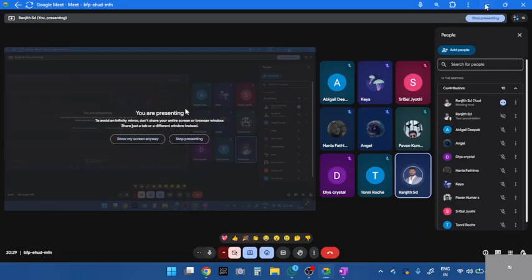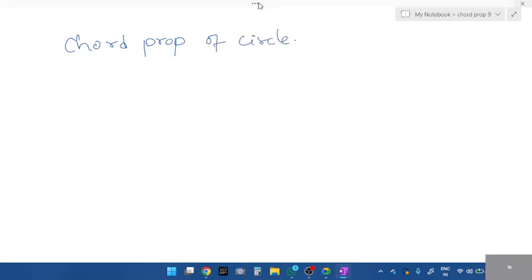Topics for Saturday's test: chord property of circle. I've completed all the questions, students. Only the 15th one. Some class is at the 15th. Was it Abigail's class?